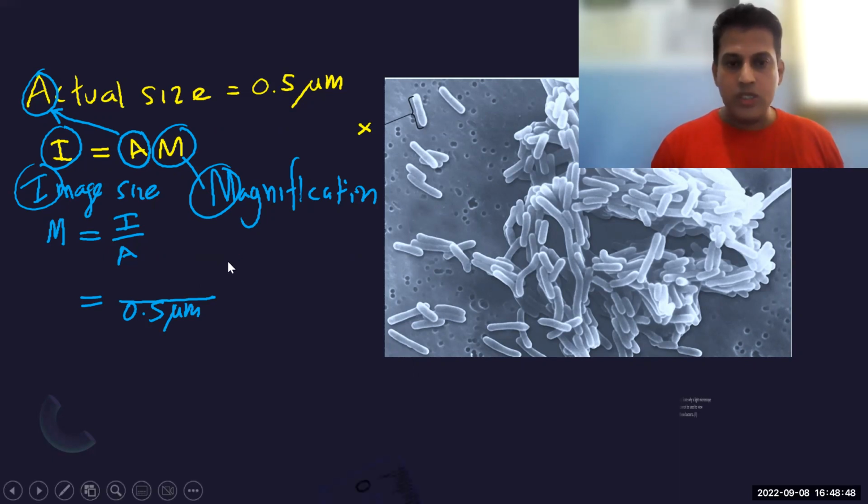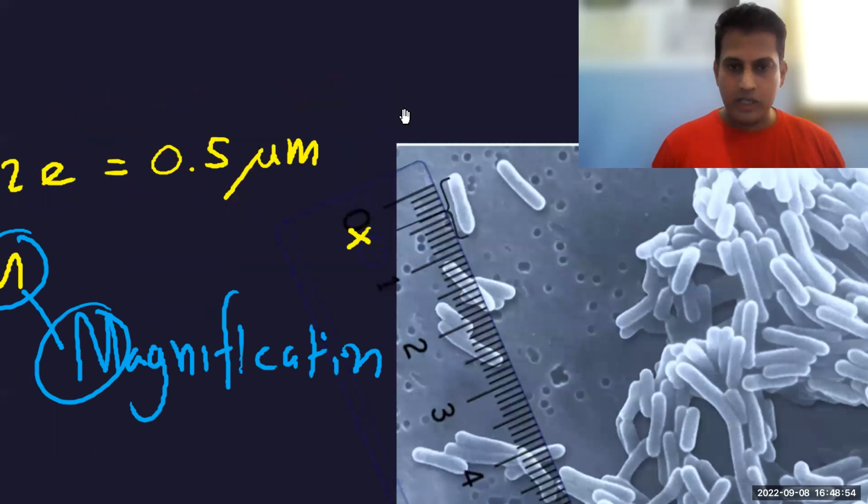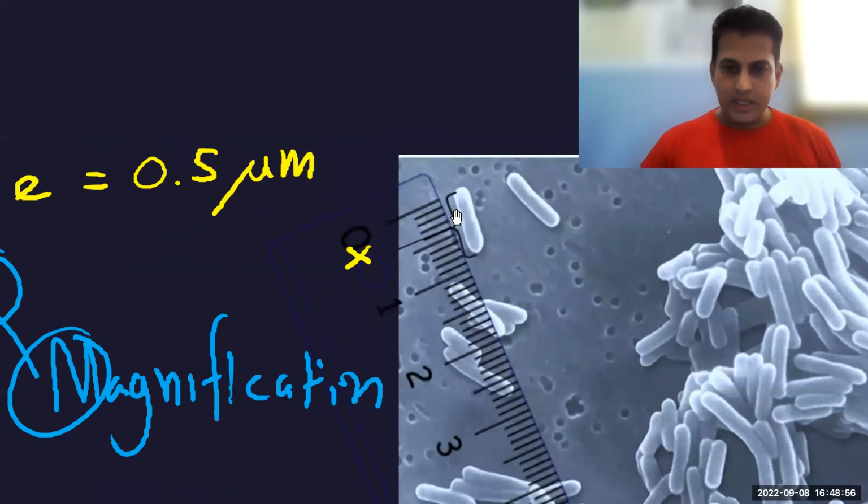We use a ruler. Here we have a ruler. Then we look closer to measure it. Here we can measure now. It is 1, 2, 3, 4, 5, 6, 7, 8. 8 millimeter. The length of this bacterium is 8 millimeter.